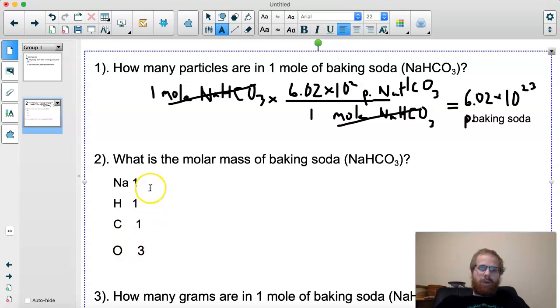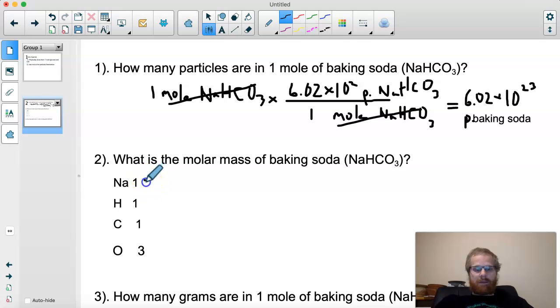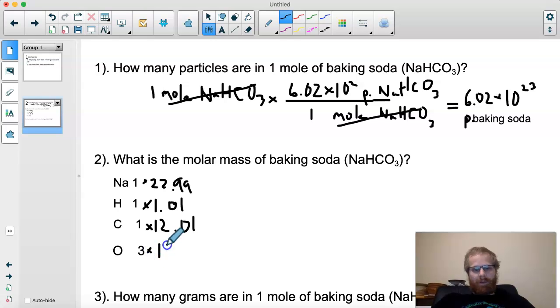So what I can do is multiply these numbers by their molar masses. Sodium has a molar mass of 22.99. Hydrogen has a molar mass of 1.01. Carbon has a molar mass of 12.01. Oxygen has a molar mass of 16. And the units for all of these are just grams per mole.